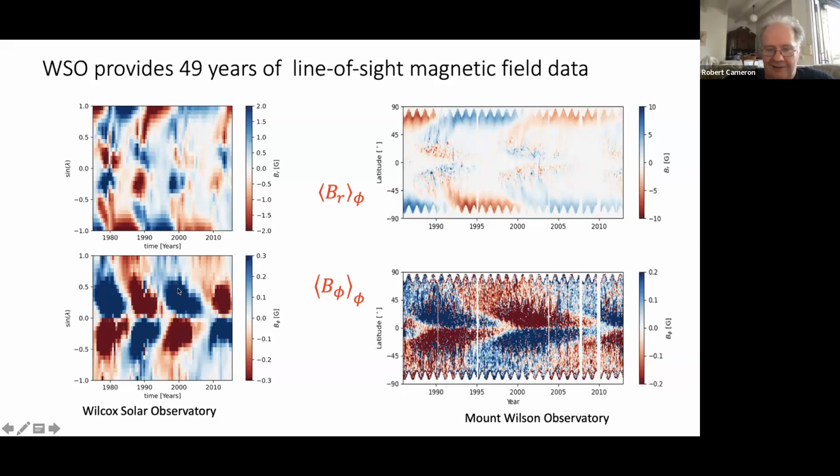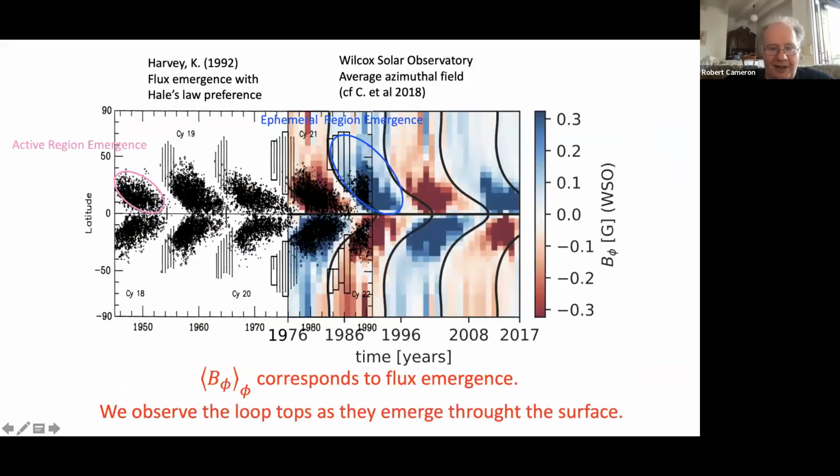Since these are not so commonly discussed, I thought I would point out that what we measure when we measure the phi component of the field is flux emergence. So the blue and red column map is from WSO magnetograms, the phi component measured by looking at the limbs. The black dots are from Karen Harvey.